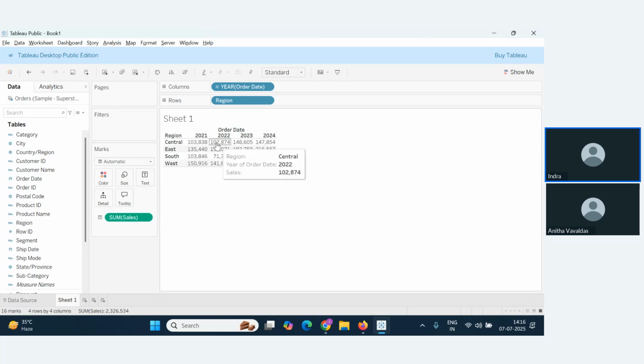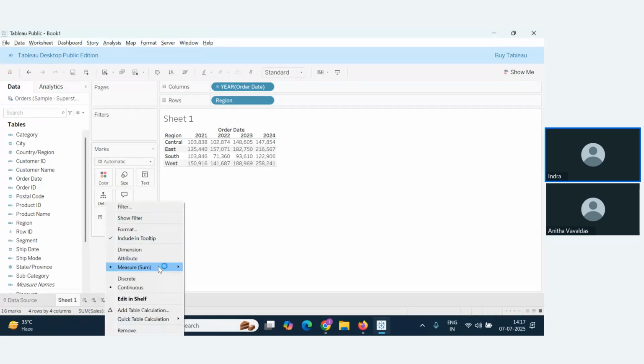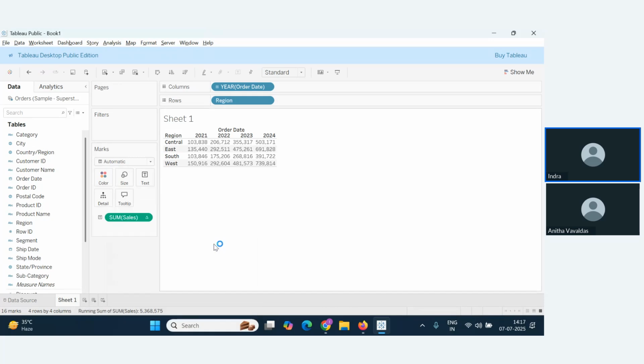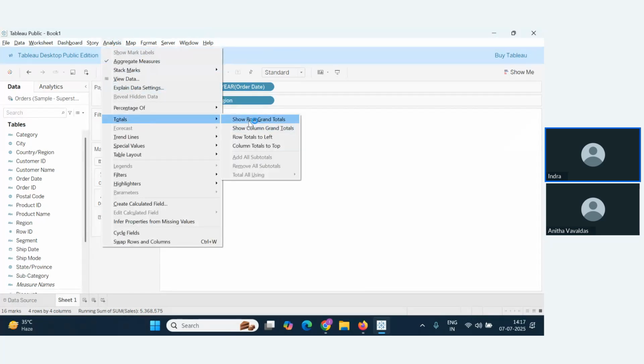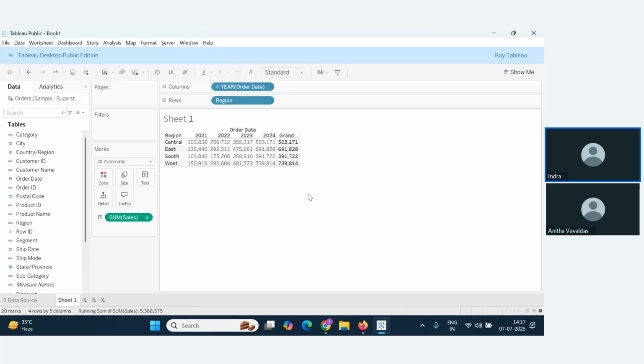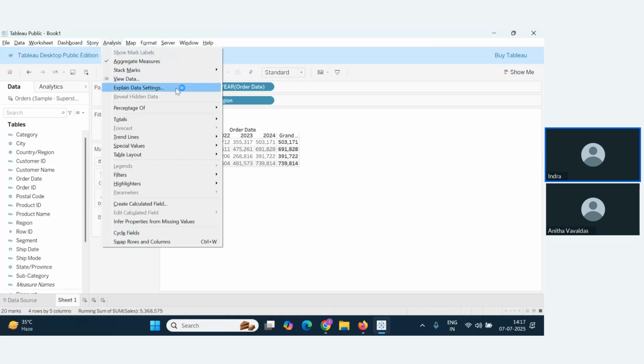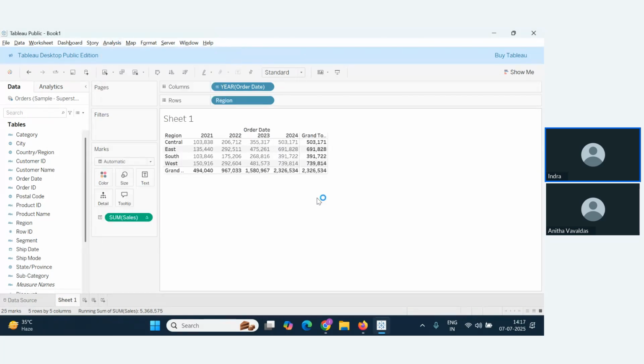Automatically, this is the sales year-wise. Let me click on this drop down of sales, go here to quick table calculation and select running total. Now let me go to Analysis and show the totals. Let me see totals, column grand totals.